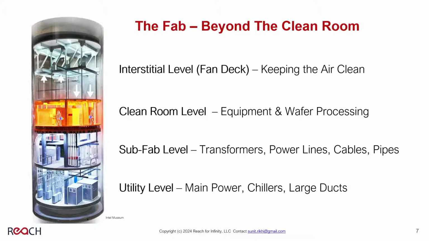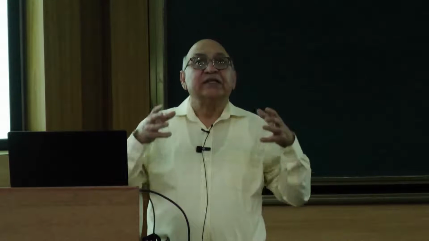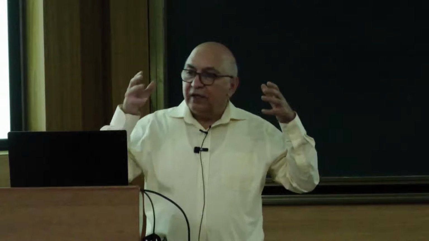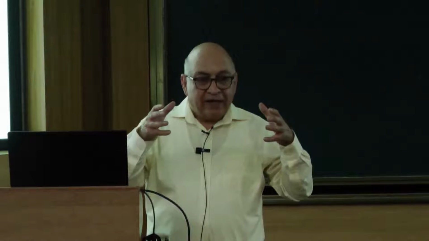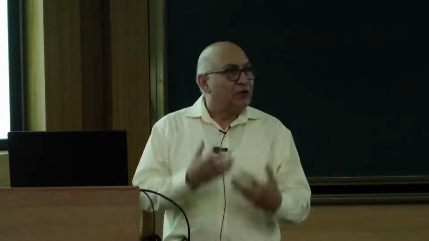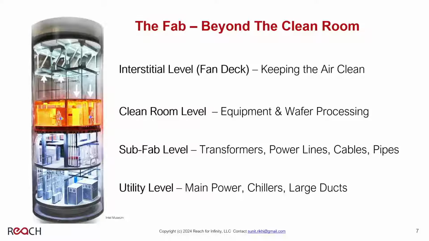In fact, some of the tools that you see above in the clean room are like icebergs. They have their bottoms down there in the sub-fab, depending on what the tool is. So the sub-fab supports the fab above in supplying chemicals, materials, and electricity.